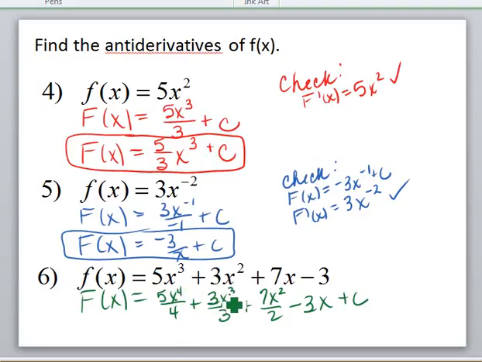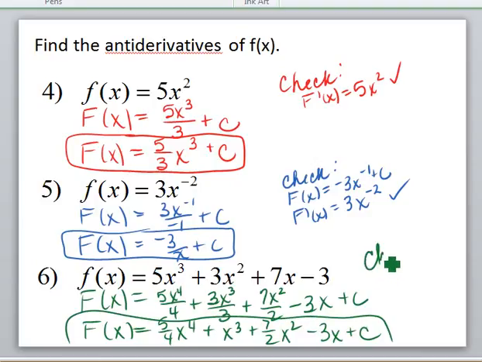Plus, keep your constant, write your x, raise the power by 1, put it over that same power. Keep your constant, raise your power by 1, put it over the same power. Minus 3, there is no power, it's x to 0, so we are putting it x to the first over 1, and we're done. You can clean this up as well by saying this is 5/4 x to the fourth plus x to the third plus 7/2 x to the second minus 3x plus c.